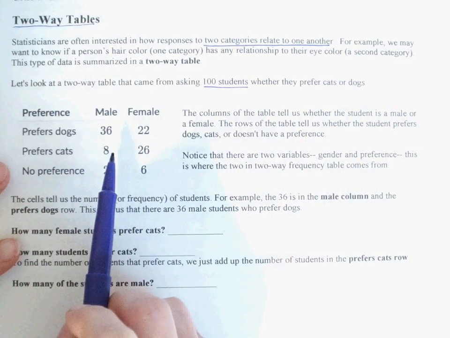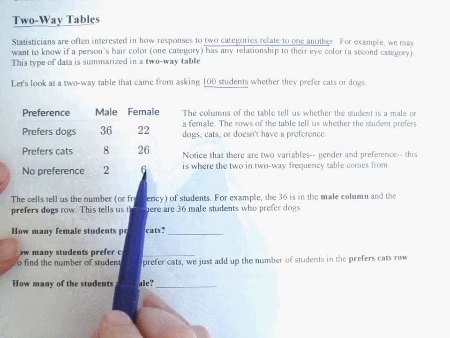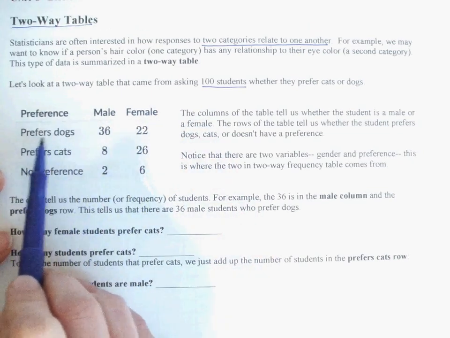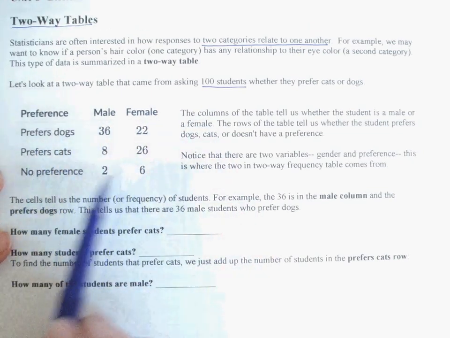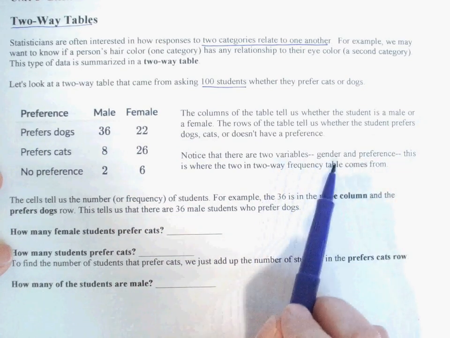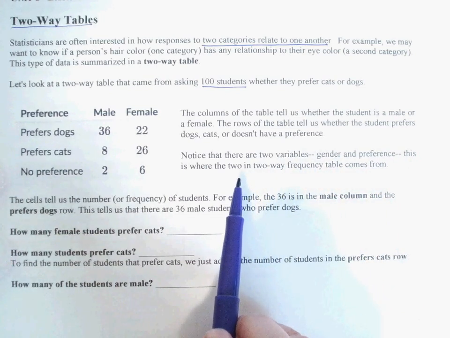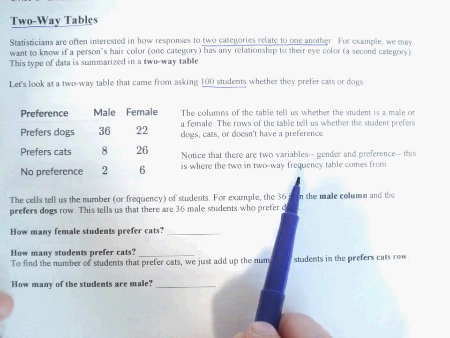So how you read a two-way table is the columns of the table tell us the student is a male or a female, and then the rows tell us what they prefer. Okay, so again, notice how there's two variables, gender and preference, and that's how we have the two categories for the two-way table.